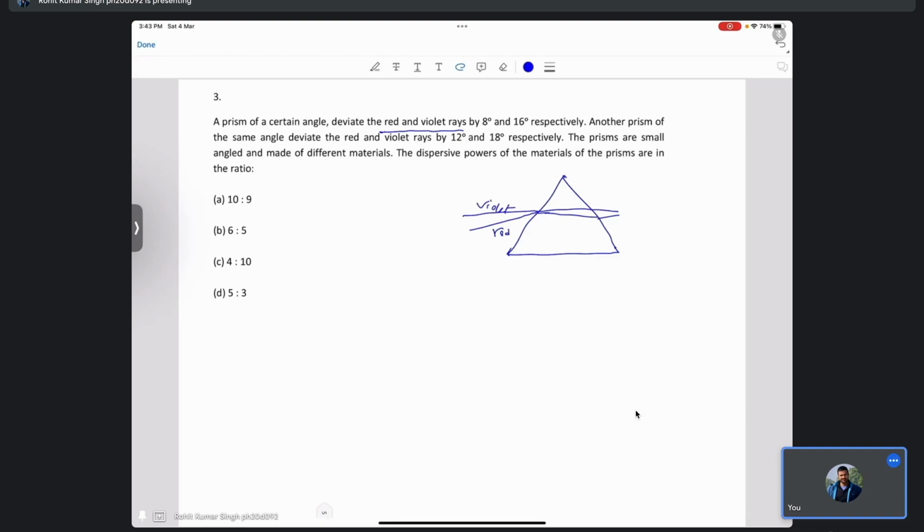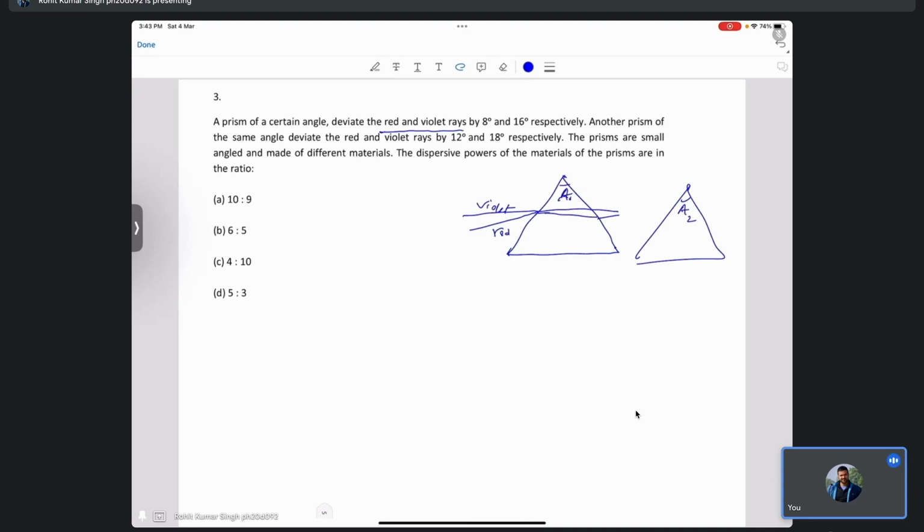And another prism of the same angle deviates the red and violet rays by 12 and 18 degrees. So there is another prism. Okay, another prism means this angle will be different. So this is A2, this is A1. And this deviates the red and violet colors by different angles.